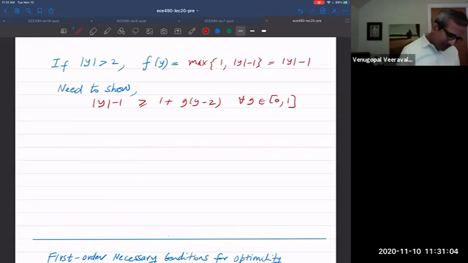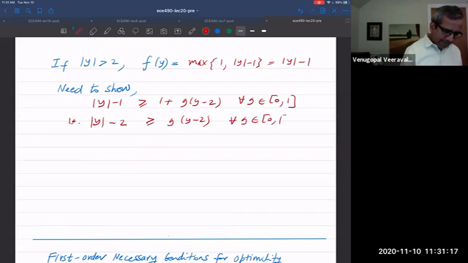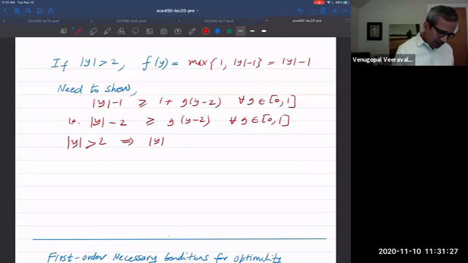So this is the same as showing that the absolute value of y minus 2 is bigger than g(y minus 2). But since the absolute value of y is bigger than 2, that implies that y minus 2 is bigger than 0.